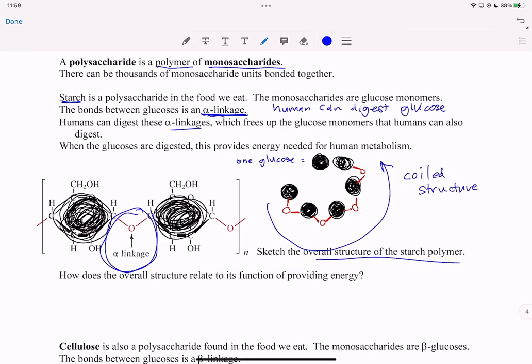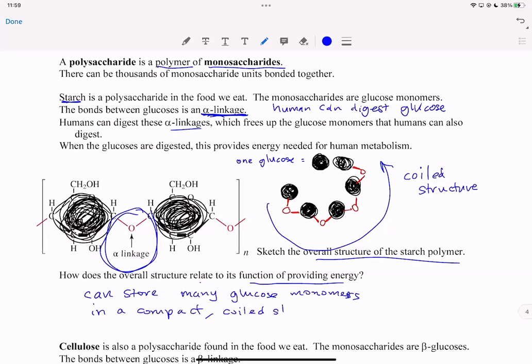And this does relate to its function of energy, because you can store hundreds or thousands of those glucose monomers in a compact coiled shape. Basically, when you roll something up as a coil, that's one of the best ways to compact a bunch of stuff.